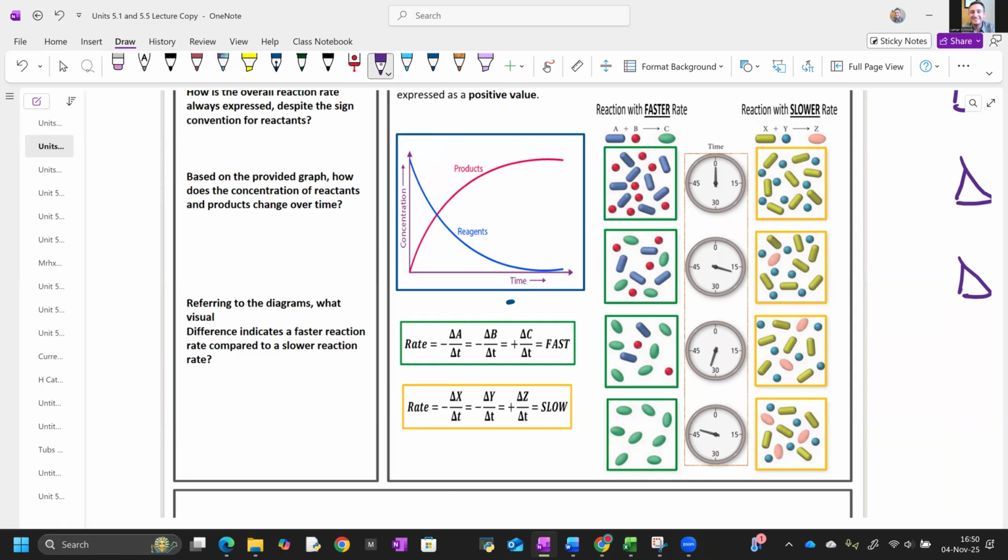And so we would say that this one is slower and this one is faster. We also have that labeled here, faster and slower.